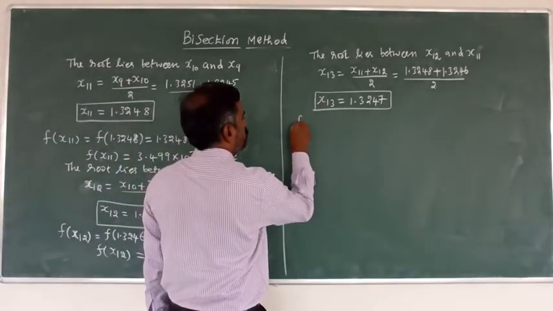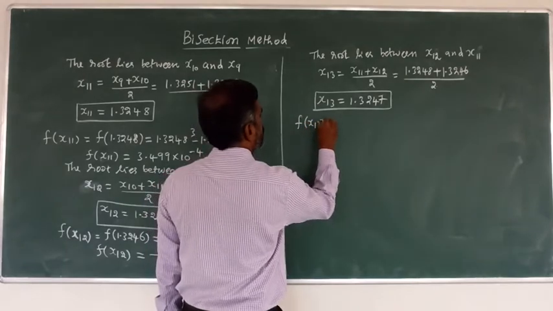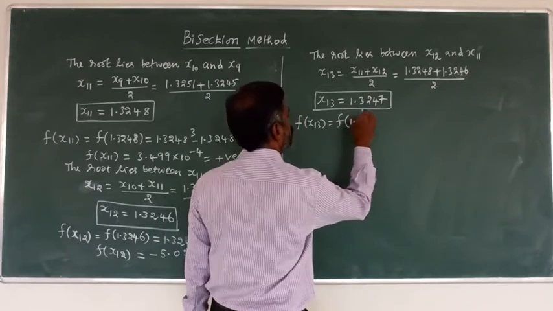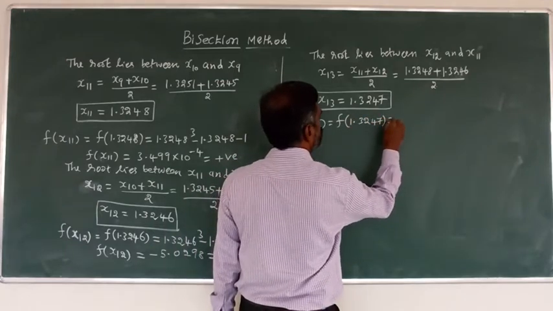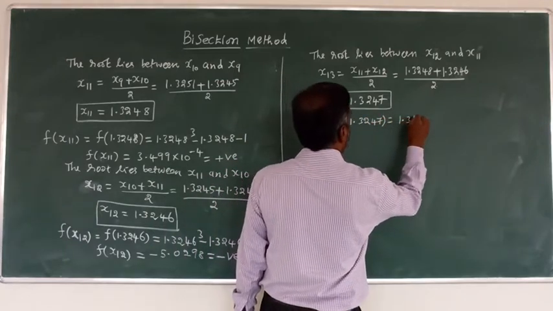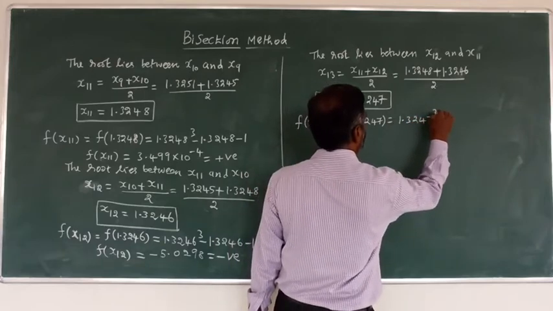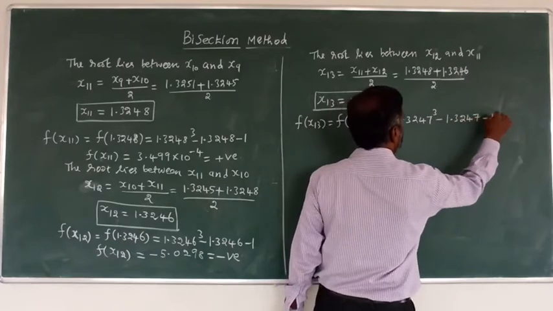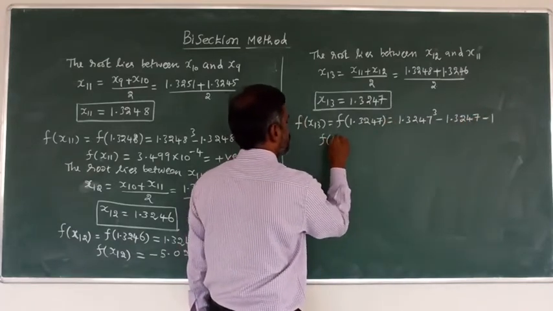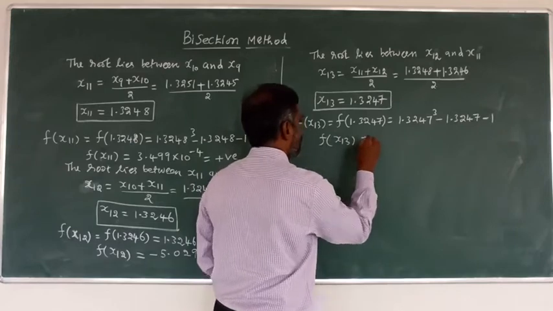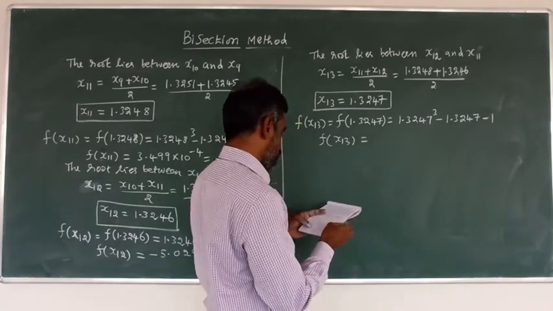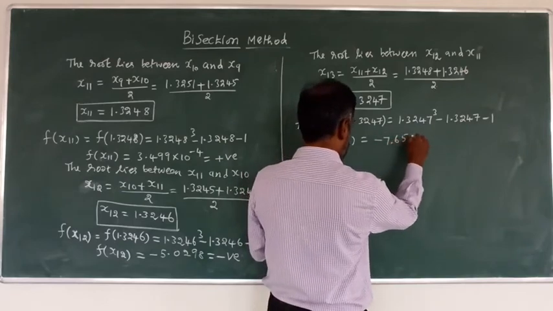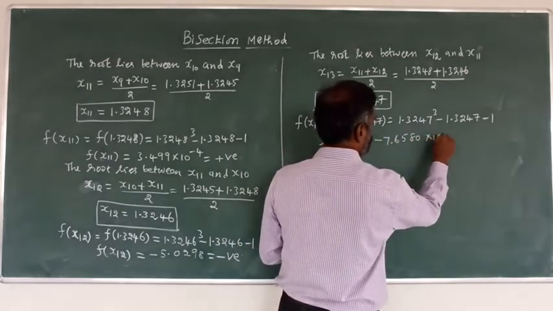Now to check whether x13 is a positive or negative result, substitute 1.3247 into x cube minus x minus 1: 1.3247 cube minus 1.3247 minus 1. Now we simplify and get the result minus 7.6580 into 10 to the power of minus 5.